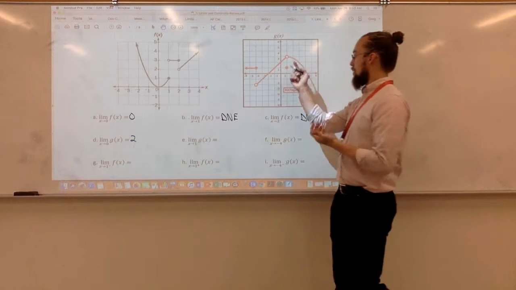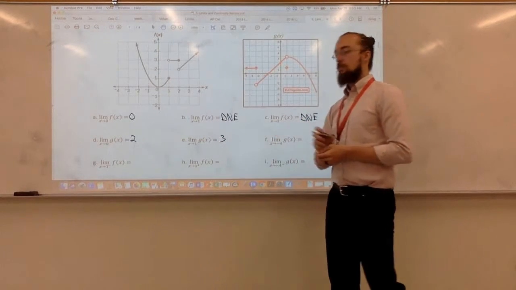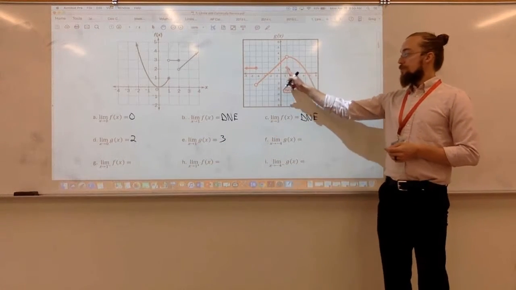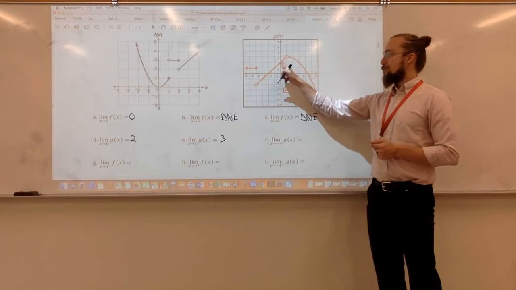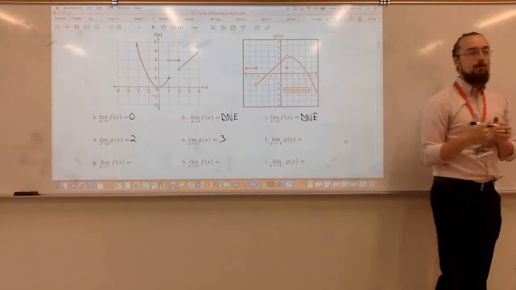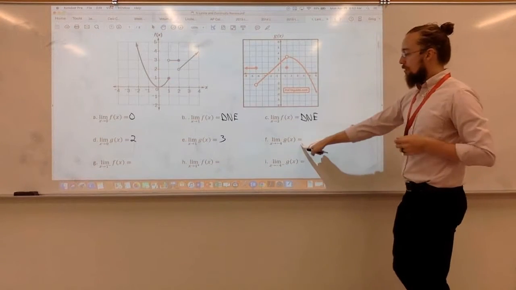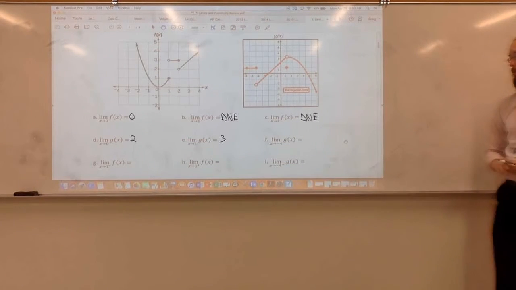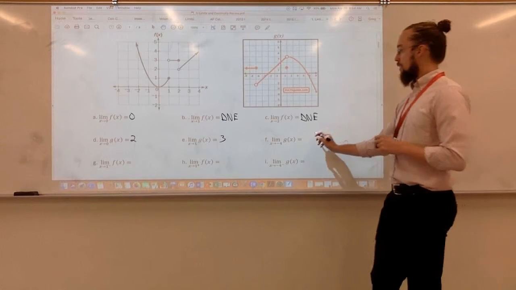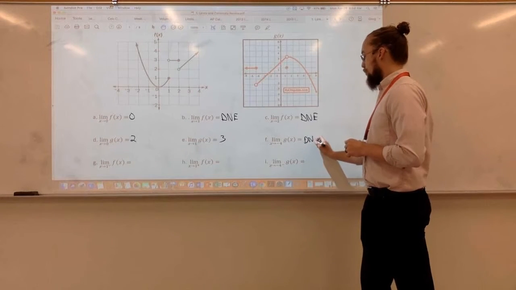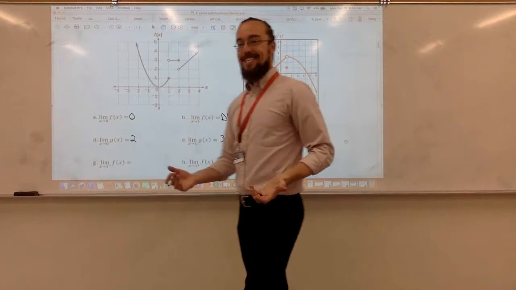Right? So I would say that's about 3. Even though the function is defined here, all that matters is that we are approaching the same value from both sides. So the limit does exist for this one. How about as we approach -4? Doesn't exist.